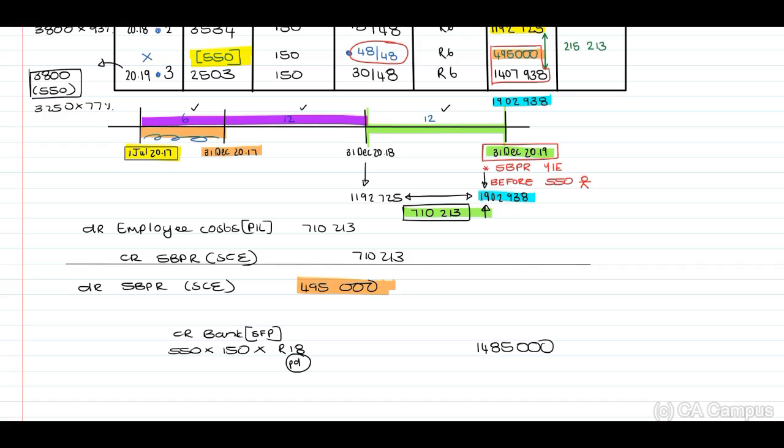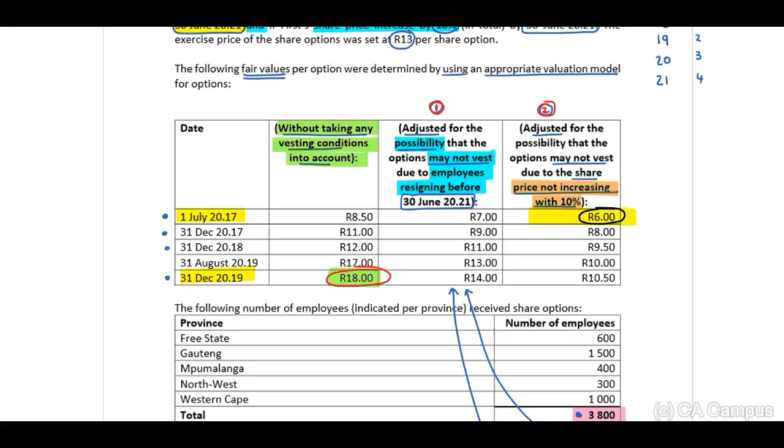Now, guys, we need to identify that this payment of 18 Rand exceeds the fair value of our shares at this date. The fair value of our shares is this 10 Rand 50.